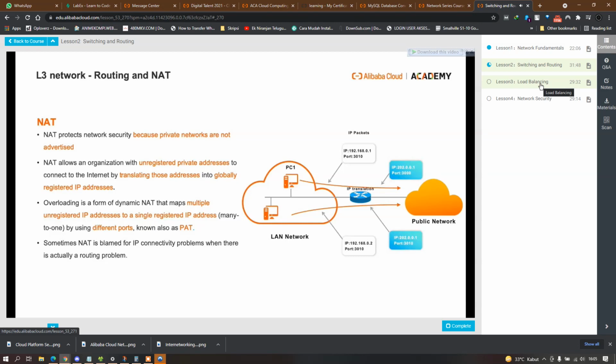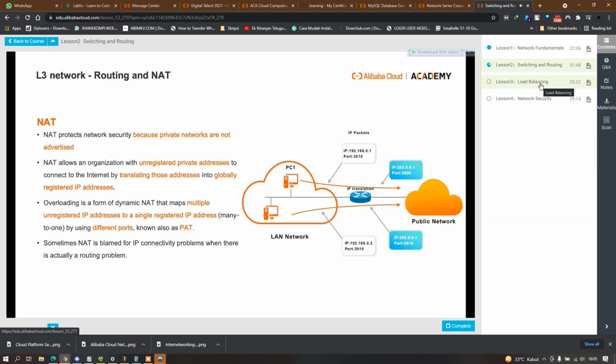But when it goes outside of your company network, like if the packet goes outside of your edge firewall or edge router, the IP address of your host will be translated from the private IP address to a public IP address. Then the packet can be routed in the internet. So this is how the NAT works.